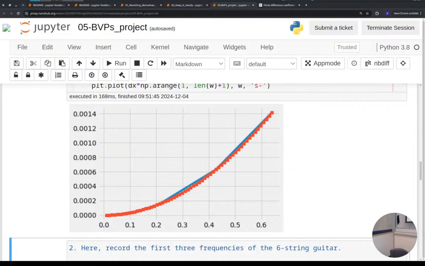The only difference is with the W, when you just tell it to plot it, it's just going to plot versus the dx. So if you create, I just made like dx times a range. A probably is 1 to n.